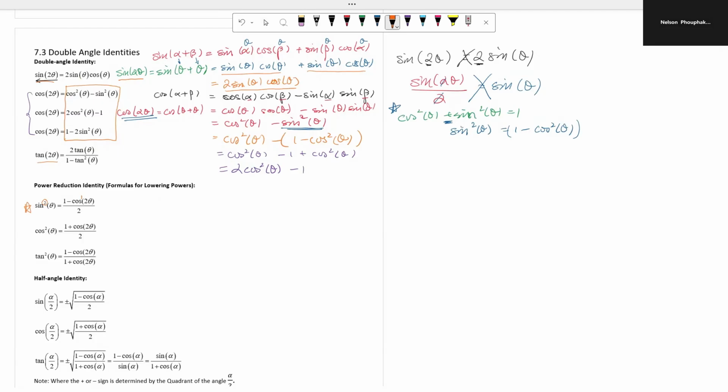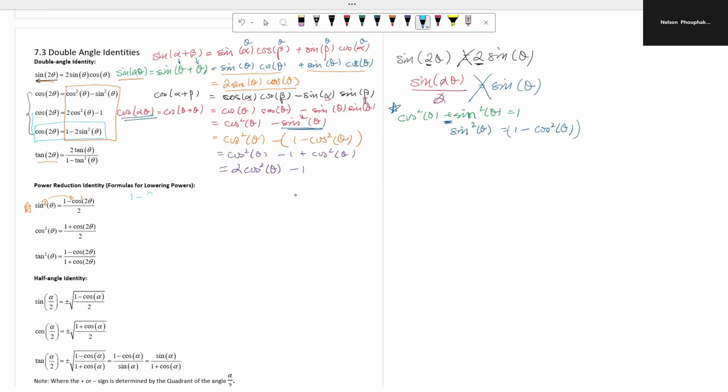So this is the idea about the power reductions. How do we actually get them? Basically, we are going to work with these two again.